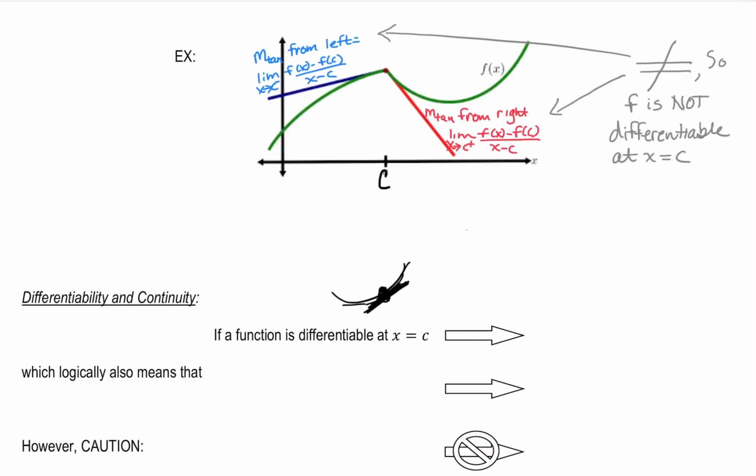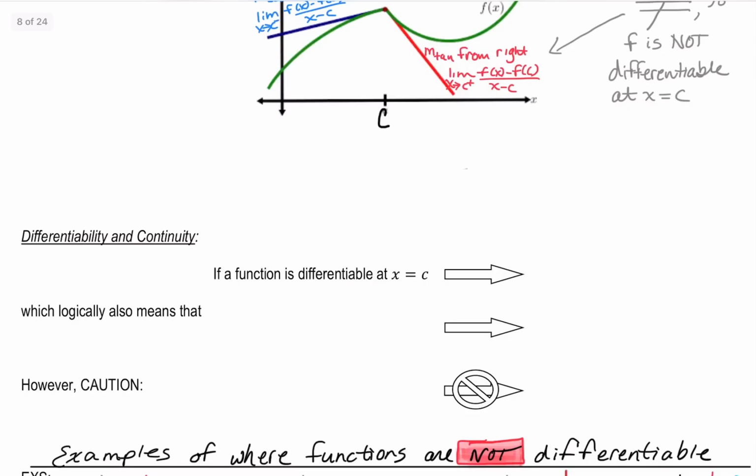That tangent line exists, and the slopes of the tangent lines from the left are approaching the slopes of the tangent lines from the right, and that unique tangent line exists at that point. It's defined there. So all that together, we're really saying that if you're differentiable, you're definitely going to have to be continuous. So if a function is differentiable at x equals c, then it is going to be continuous at x equals c.